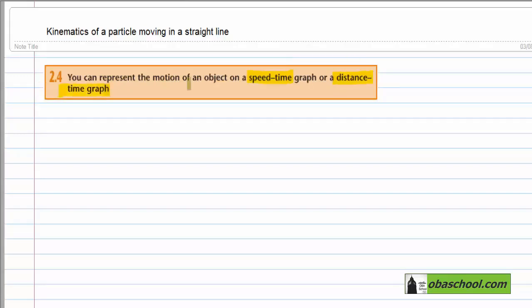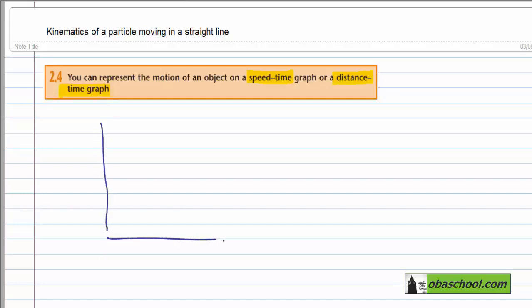These speed-time and distance-time graphs thus describe the motion of the object through time, so they graphically illustrate the motion. Let's check how these graphs are constructed as follows. First, these graphs are constructed using the x and y axis as the main axes for plotting speed-time and distance-time points.